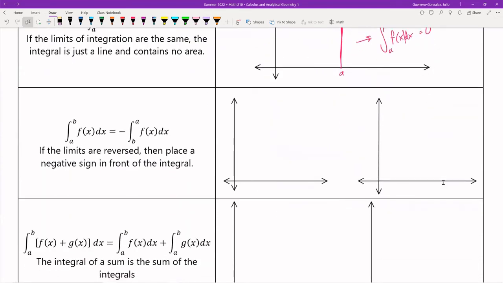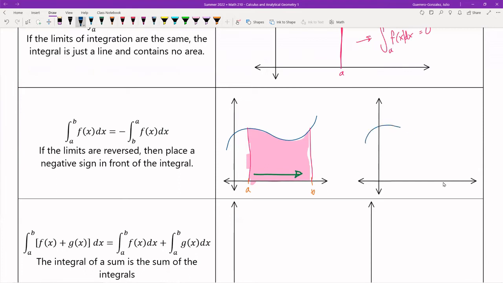Next one. This takes care of the order of the limits of integration. Suppose we wanted to do the integral from a to b of f of x, and here's my f of x. I'm looking for this area right here, all of this. Notice that the limits of integration go in this direction from a to b.